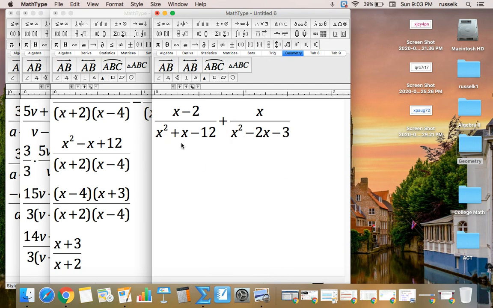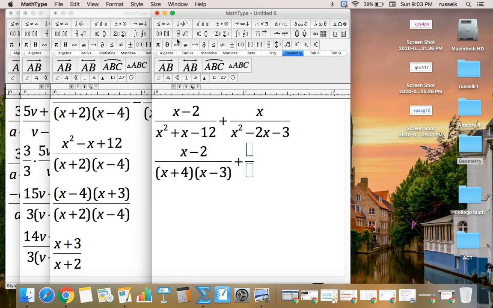In our last example, once again, the denominators don't match. And since there's pluses or minuses in them, we need to factor them first. Factoring the first one gives me x plus 4 times x minus 3.